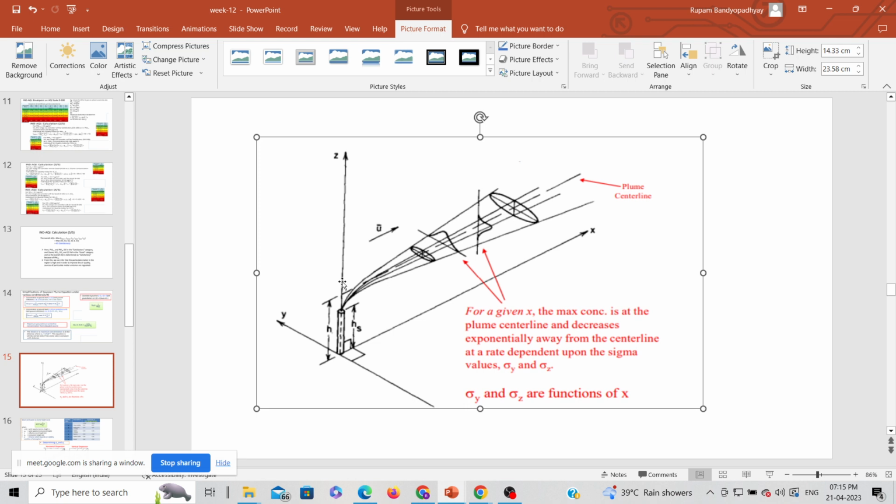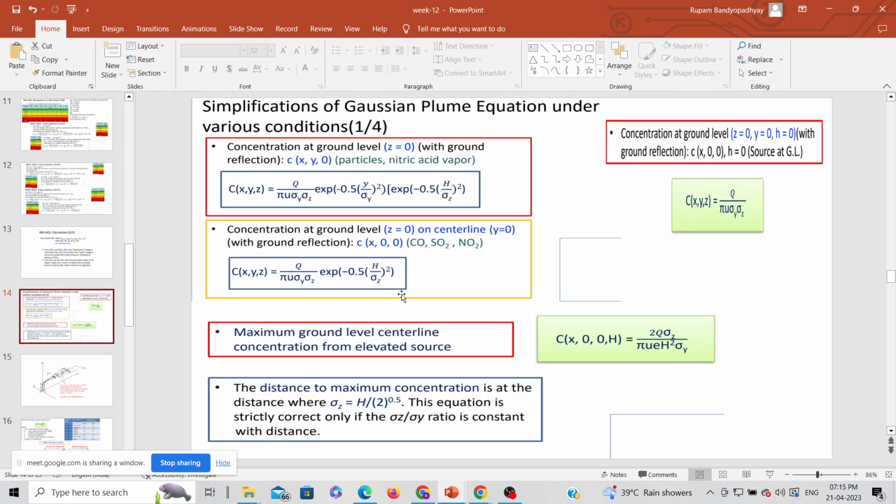At ground level, z is the vertical direction, so if you want to calculate the concentration at ground level, then the z value will be 0. So these are the different conditions. If z is 0 and y is 0, then this will be the equation. Here we are putting 0, so you get this equation.